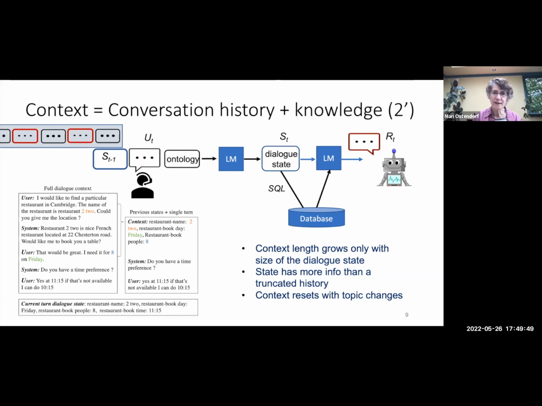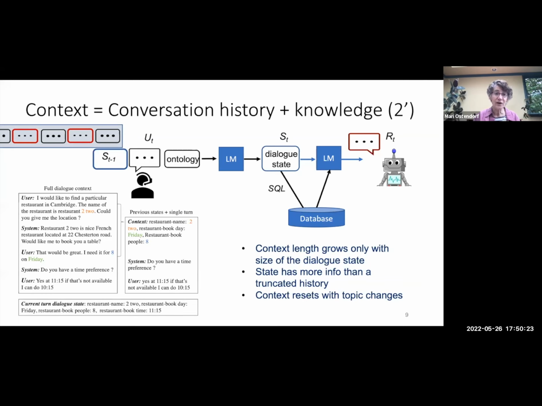And so what's nice about this is if you condense the whole history into a dialogue state, the length can grow as more things get put into the dialogue state, but it's not growing nearly as fast as all the words that you said. Moreover, the alternative is you could truncate the history, but by having this dialogue state that's just keeping track of things, it's going to have more information than a truncated history.